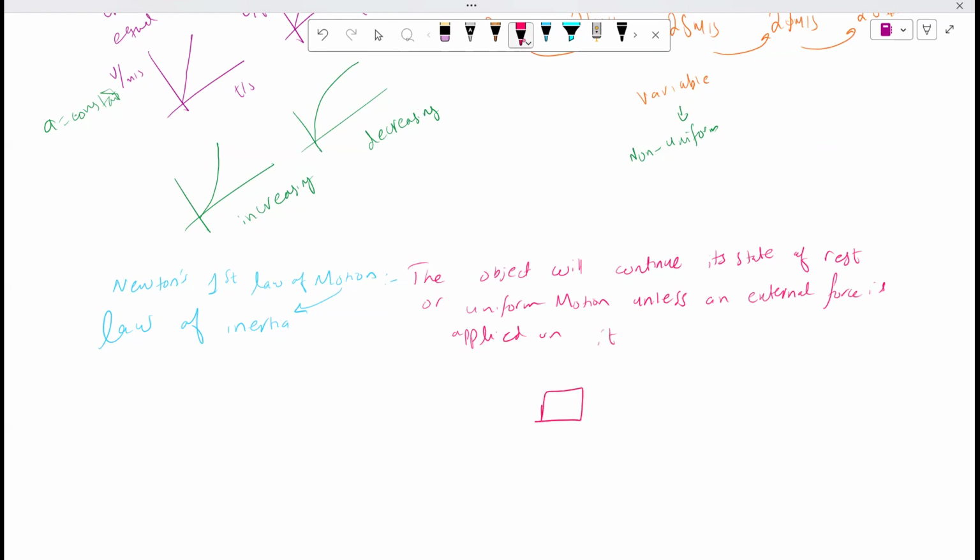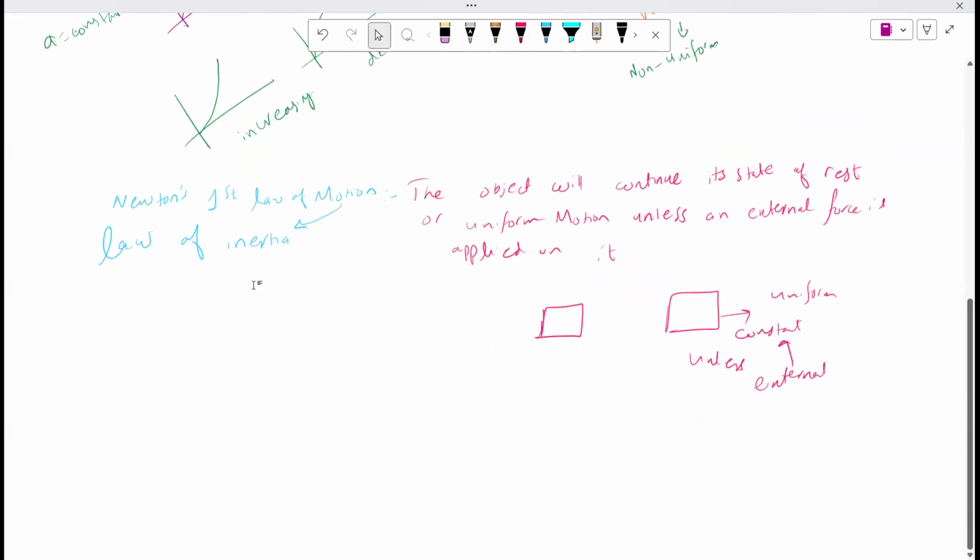That is, if the object is at rest, it would stay at rest. If the object is moving with constant speed, uniform speed, it would keep on going unless an external force acts upon it and tries to change the state of motion or the state of the body.